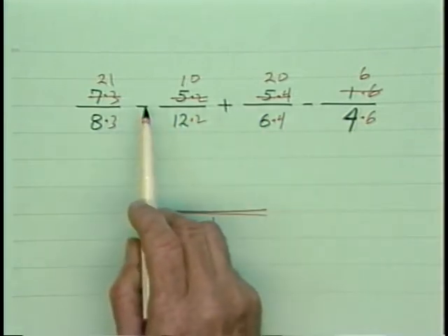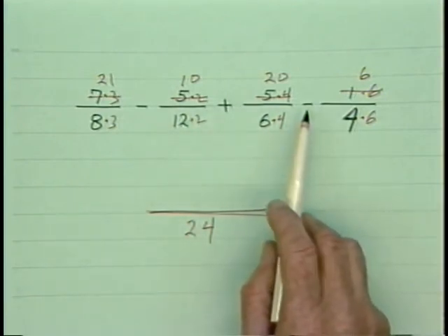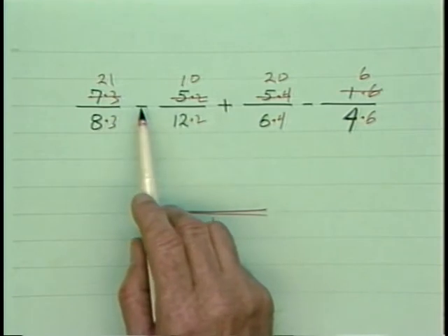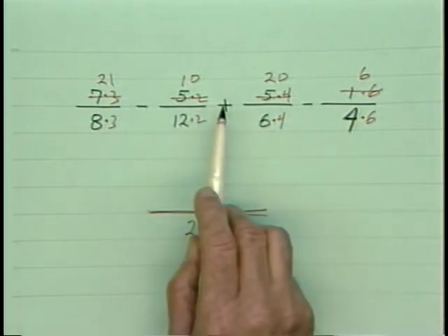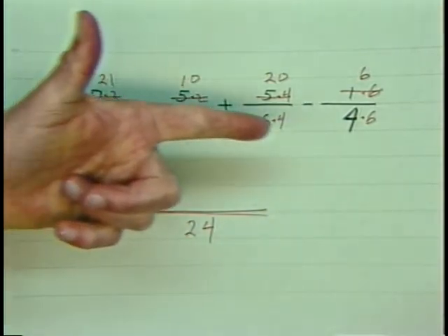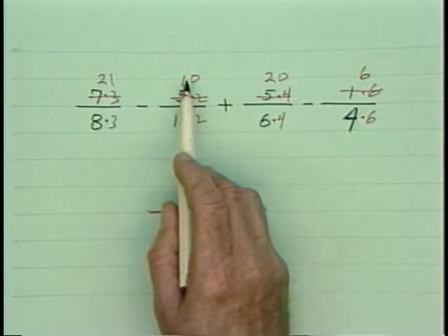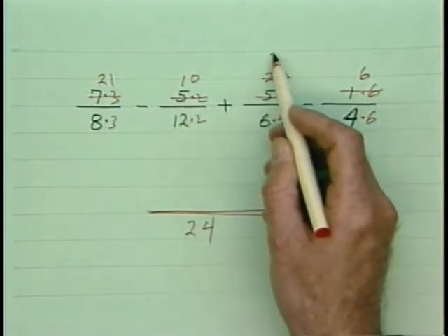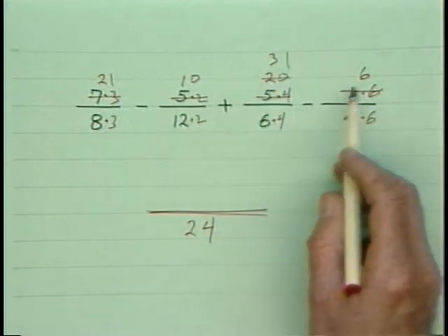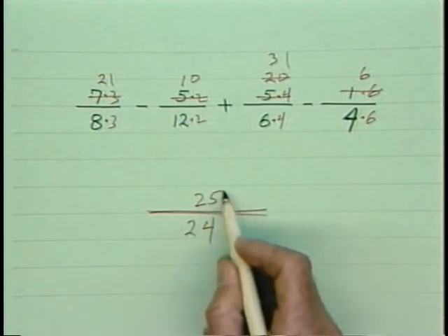So doing it in the order that I come to them. Now recall, in the order of operations, when I have nothing but subtractions and additions, I do them as I come to them, reading from left to right. So 21 minus 10 is 11. 11 plus 20 is 31. 31 subtract 6 is 25.